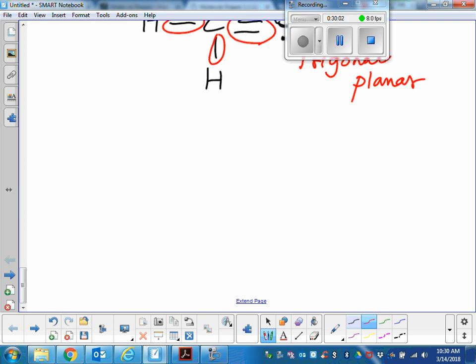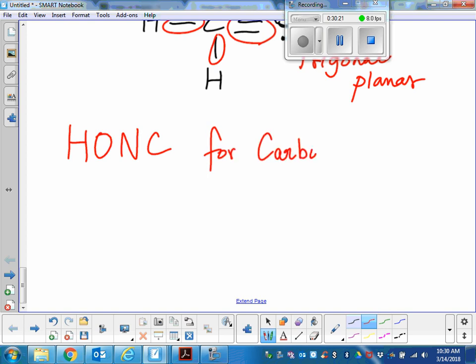Now, we said there is a large variety of carbon compounds around us. Is that right? Whenever you're given carbon compounds, let's do the rule HONC for carbon compounds.